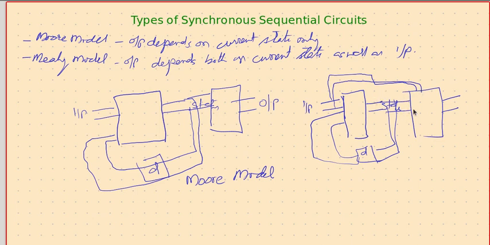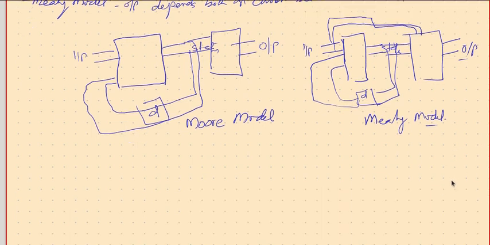So inputs are also given to this block, and current state as well as current input both will decide together what should be the output, and this is a Mealy model.